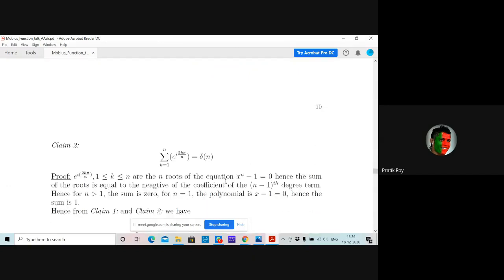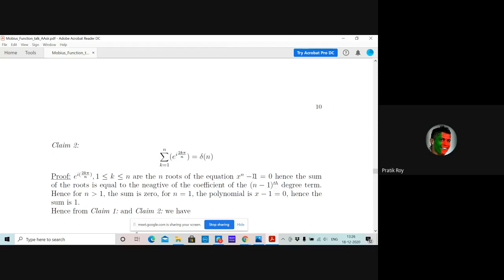Now we have proved claim 1, and we have the second claim, which is a bit easier. I know that the sum of all the roots of a polynomial is equal to the negative of the coefficient of the second highest power of x present in the polynomial. In our case, the polynomial is x to the n minus 1.